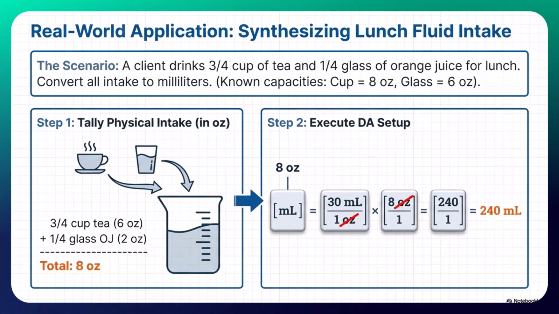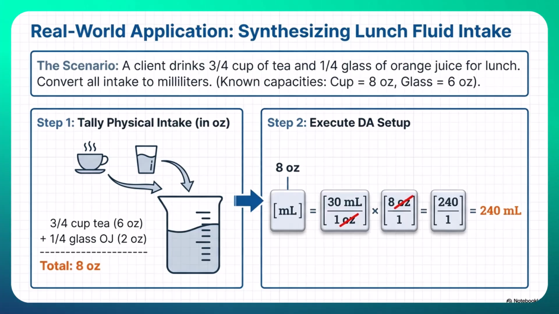And your total would be 8 ounces. But now the question asked you to convert it into milliliters. So set up your problem. What's going to be your first one before the equal sign? Milliliters, because that's what it's asking you for. Milliliters equals, so on the top of the second fraction must be placed milliliters. Now you have milliliters equals milliliters, but we need to know how to get to ounces, so you need a bridge. That's your conversion factor.